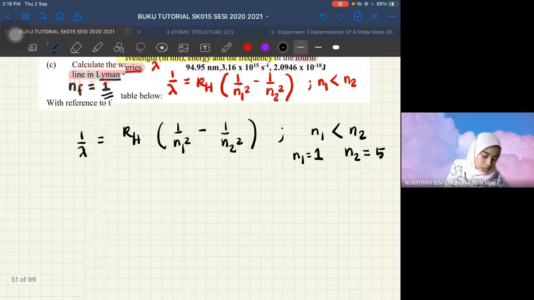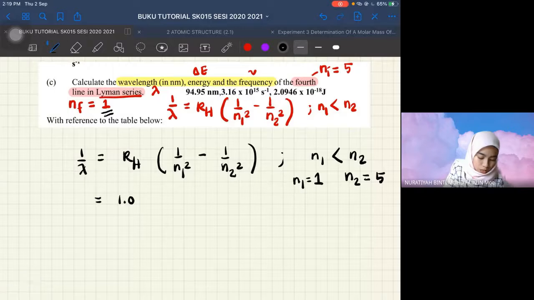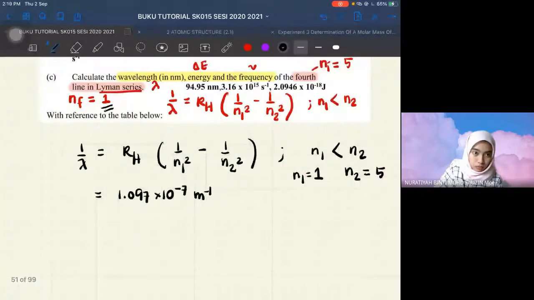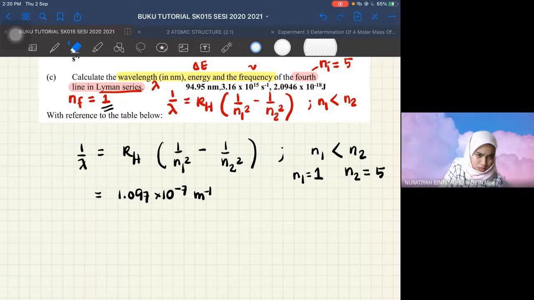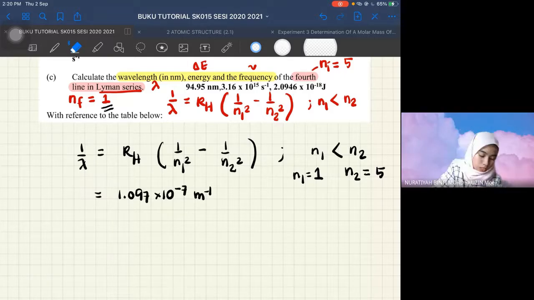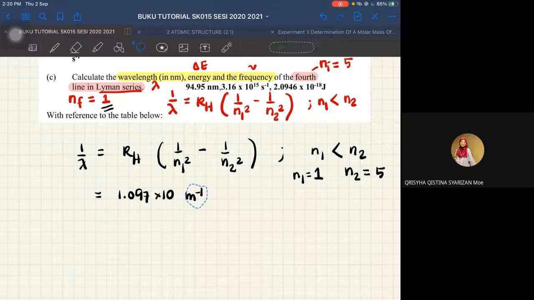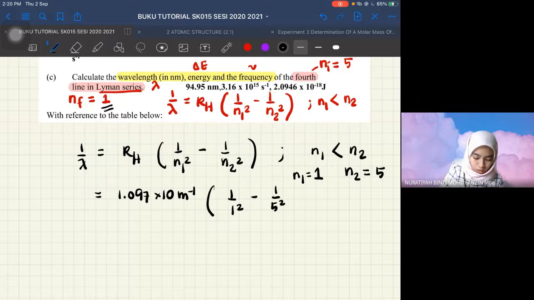Then we put in R_H, which was what? 1.097 times 10 to the power of positive 7 per meter. Positive. So 1 over 1 squared minus 1 over 5 squared.